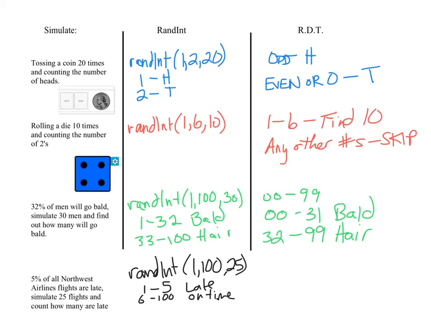And with the random digit table, I would probably, again, stick with 2-digit numbers. So I would do 00 to 99. And maybe 00 to 04 would be late. And 05 to 99 would be on time. Okay, so this, again, just some ways to run simulations to check our probability and find out likely outcomes.